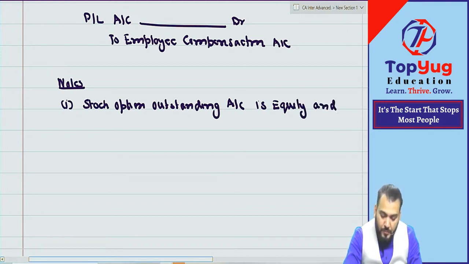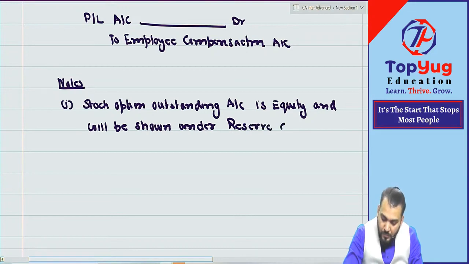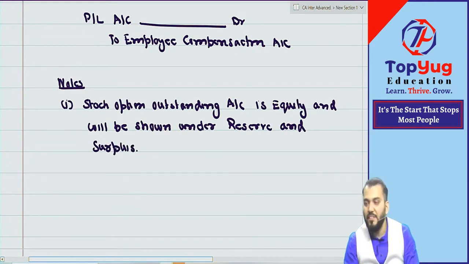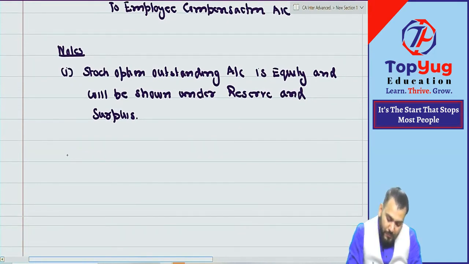And it will be shown under which head? Under reserve and surplus. Got it? In the balance sheet. This point you have understood.